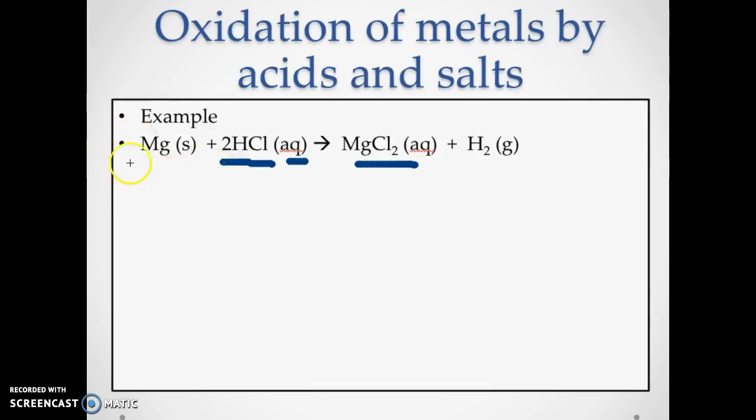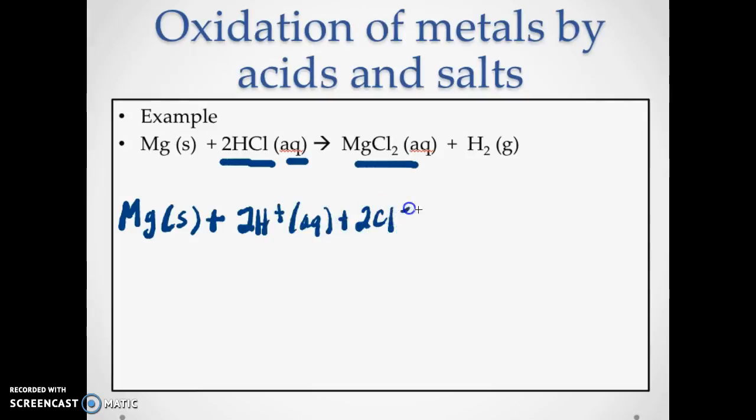So as you could tell, magnesium is a solid, so it just remains as its elemental form. This is a strong acid, so it's going to separate into its separate ions, and we're going to form products.